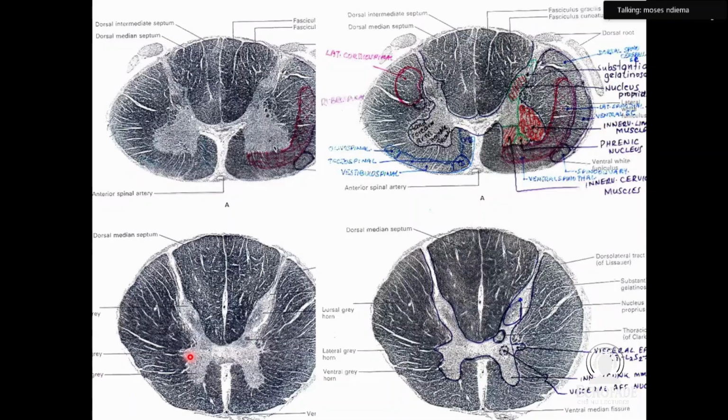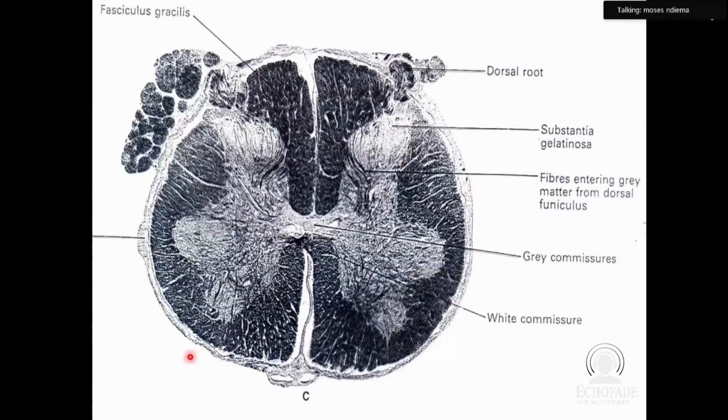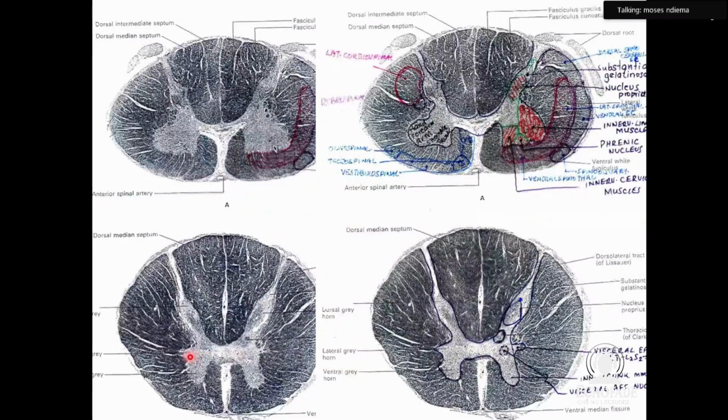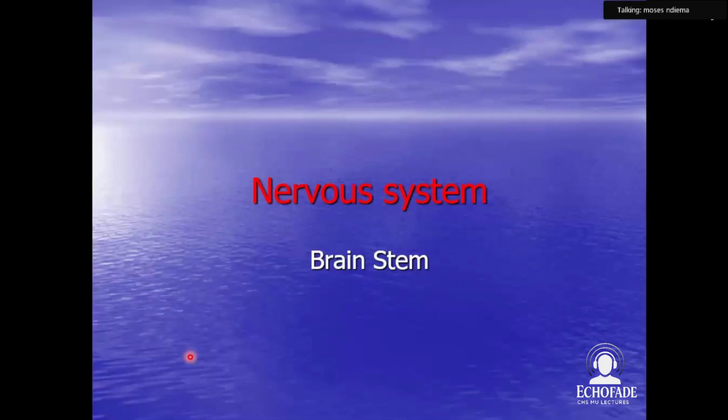So that is the spinal cord. The spinal cord is continuous with the brain at the medulla oblongata. The medulla oblongata is part of what we refer to as the brainstem. If you think of the spinal cord as a root, then we have the stem.